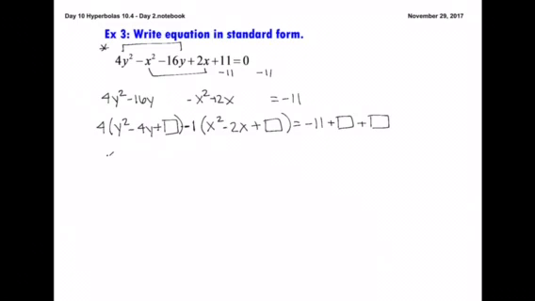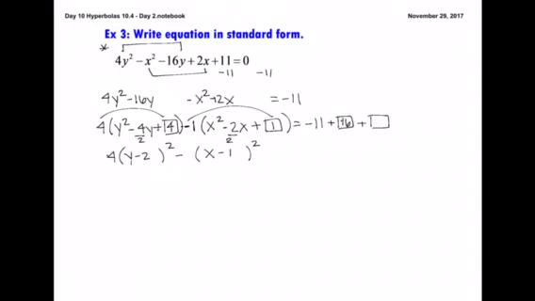And now we need to complete the square. So we are going to have our b divided by 2. Negative 4 divided by 2 is negative 2. Negative 2 squared is 4. 4 times 4 is positive 16. Negative 2 divided by 2 is negative 1. Negative 1 squared is 1.